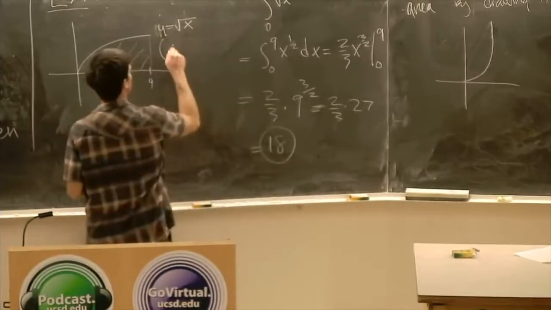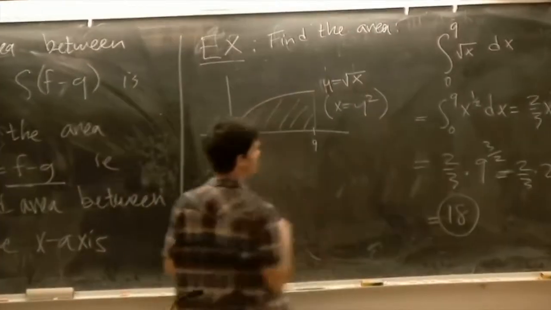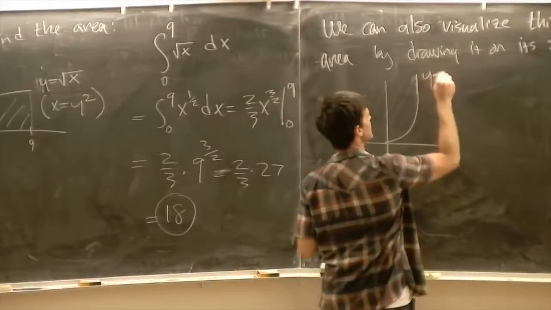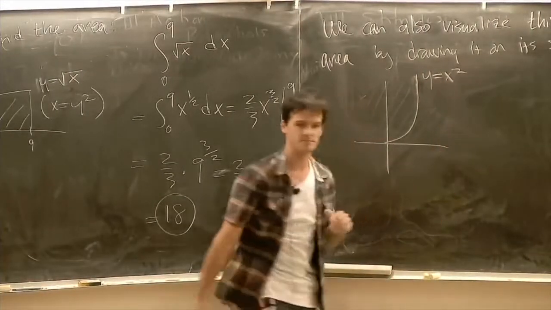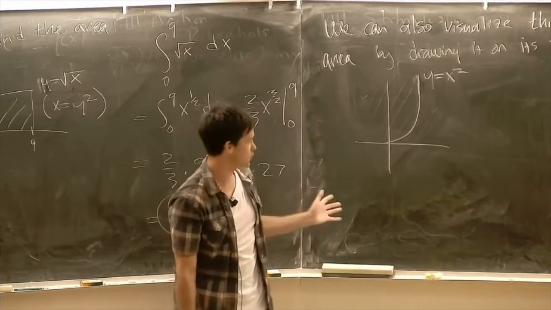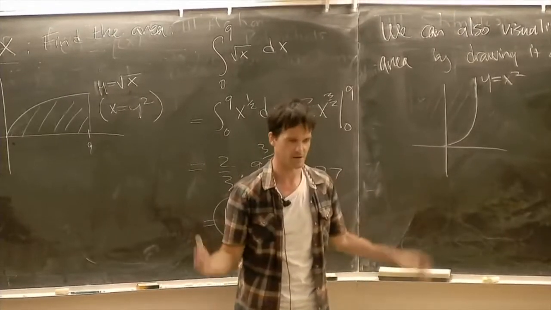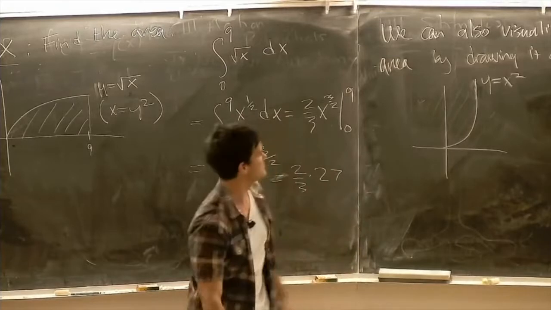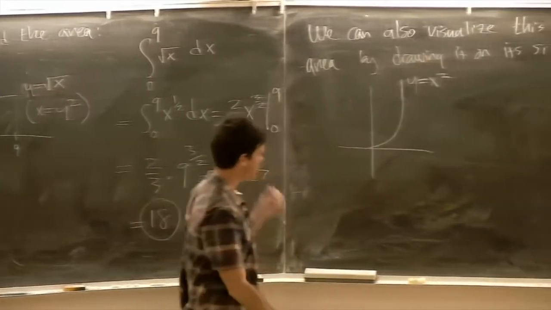Because from this guy, this is the same as x equals y squared. So if I just interchange the two axes, this is the same as y equals x squared, as we're all very familiar with, because it's like the most common example used in all of calculus.